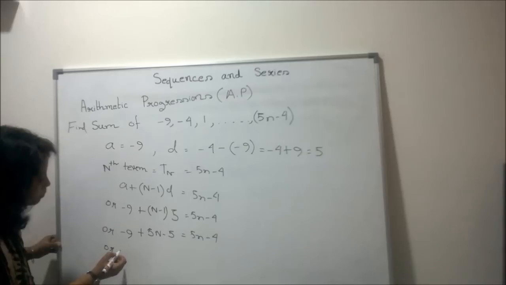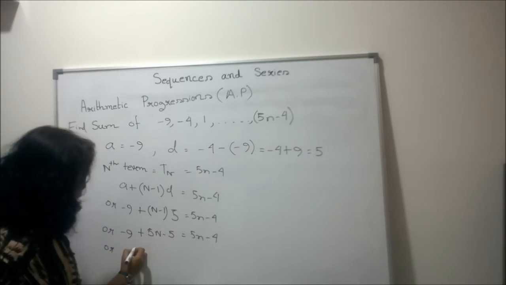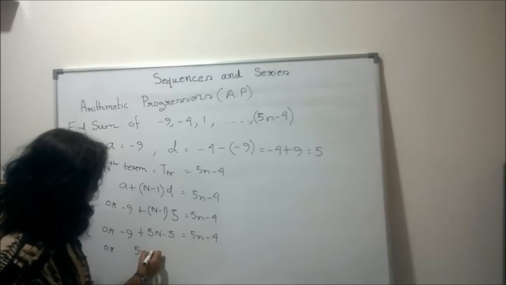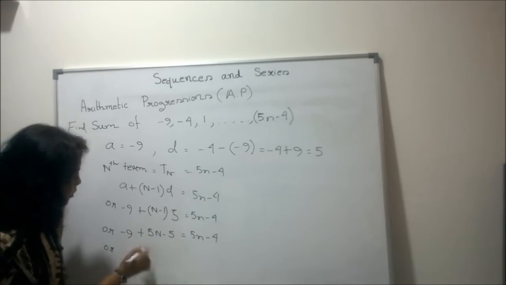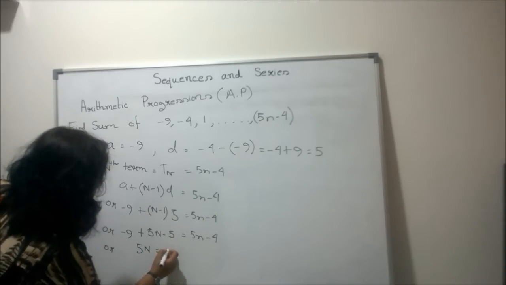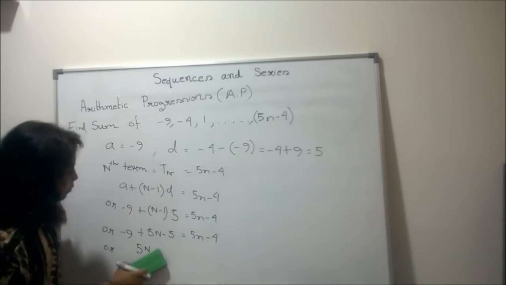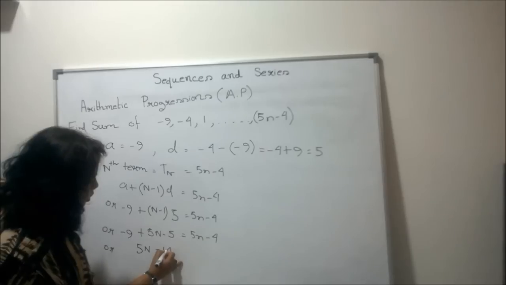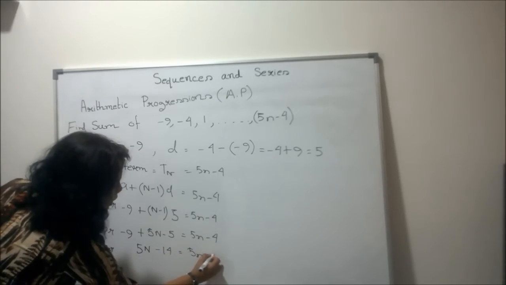So here we get 5 of capital N, and here from we get minus 14 and 5n minus 4.